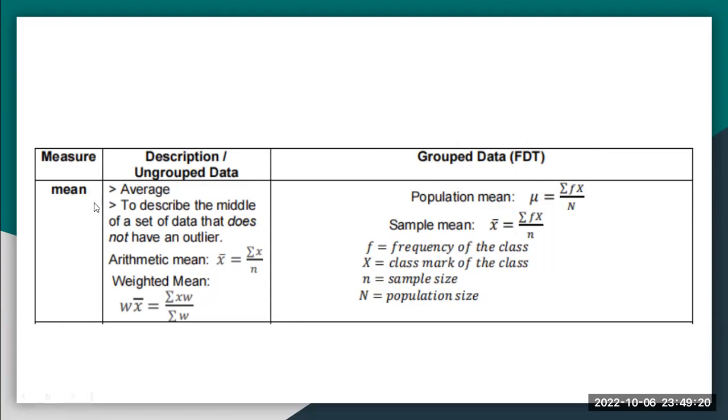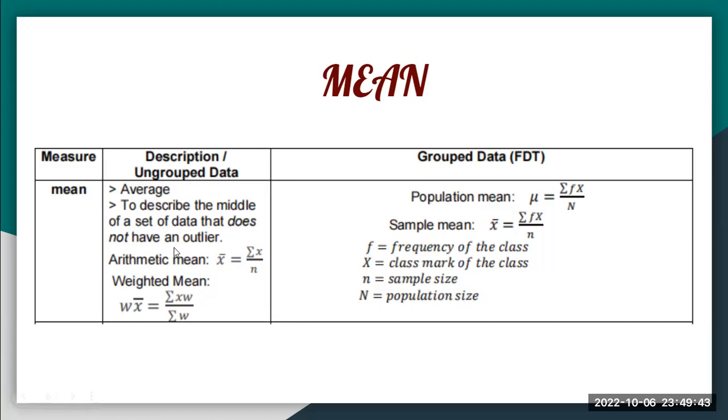Okay? So, for the mean of the ungrouped data, it is the average. Di ba pag average, ang gagawin nyo lang, i-add ninyo yung given set of data, tapos divide niyo kung ilan yon. To describe the middle of a set of data that does not have an outlier.